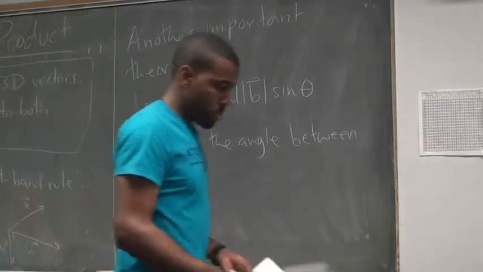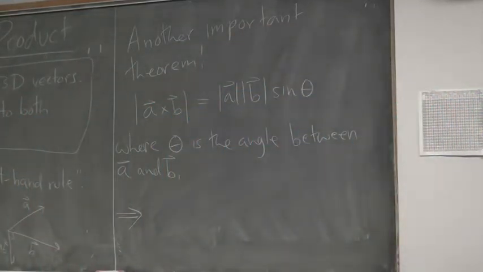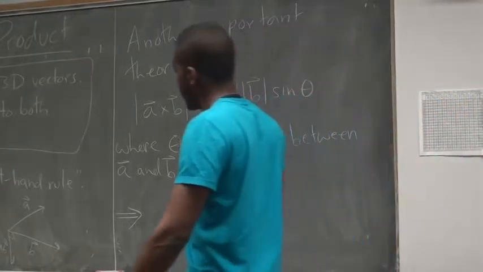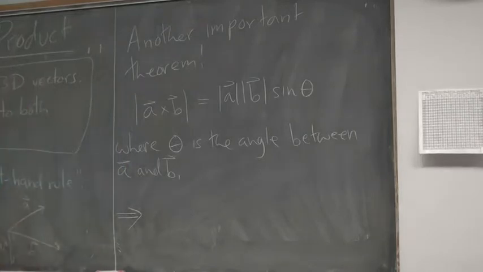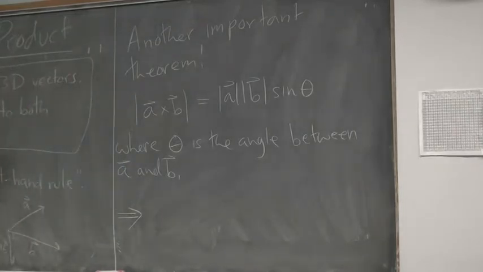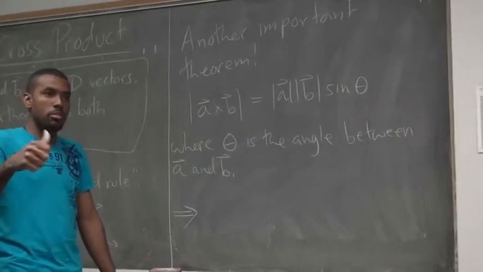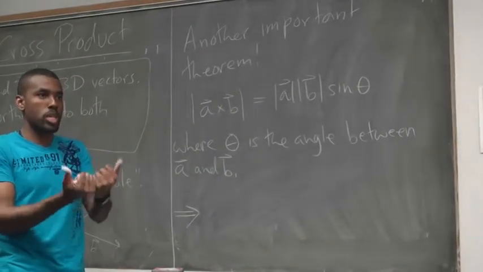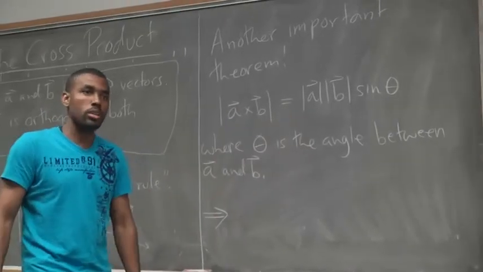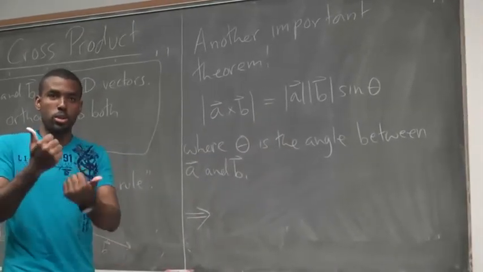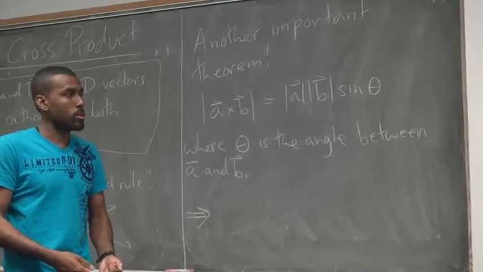This gives us a very important fact. Now remember last time we did the one for the dot product. A dot B is the magnitude of A times the magnitude of B times cosine theta, and if we pick theta to be 90 degrees, meaning perpendicular, we get 0 here. And so two vectors are perpendicular if the dot product is 0.